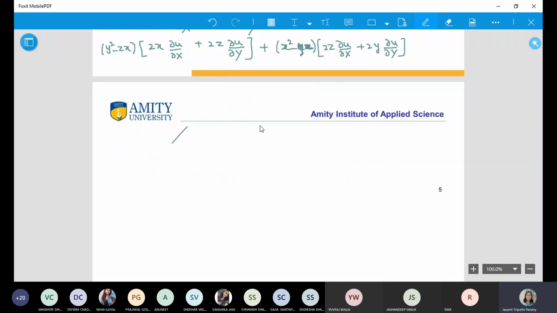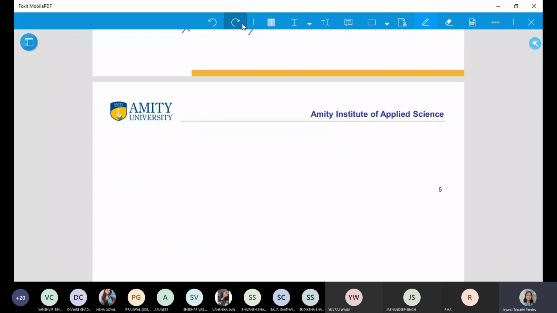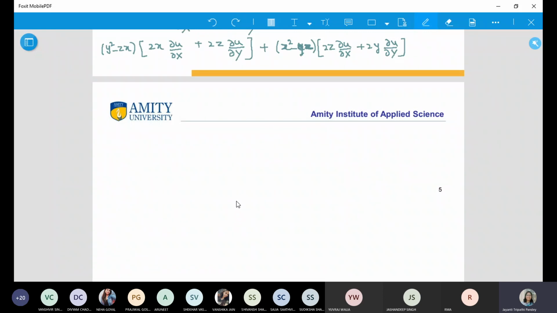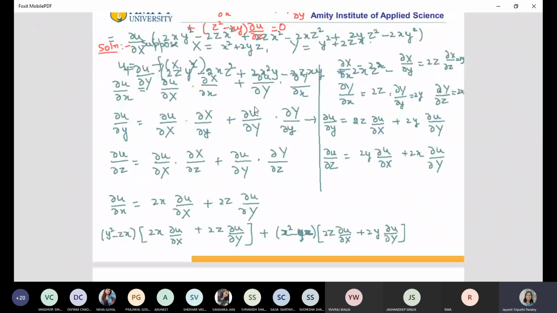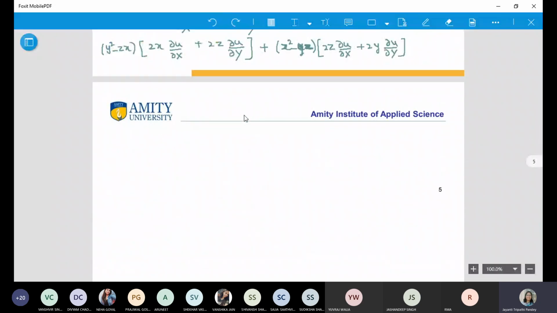Oh. Okay, where has it gone? It shifted this side.